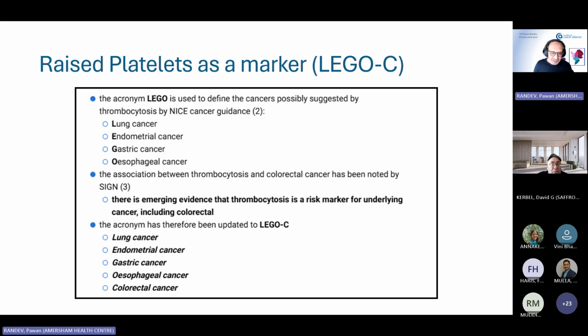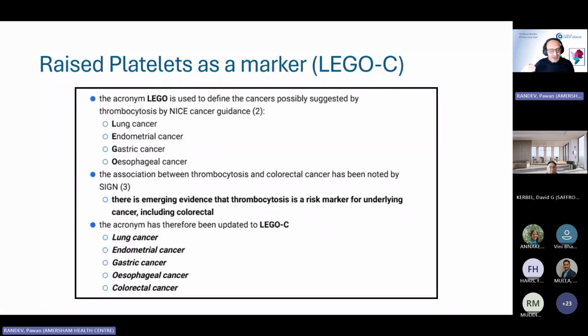Now, where can we use this? If we have somebody where perhaps we think they may have a lung cancer, or they've had a persistent cough, or they're over 40 and they present with that range of symptoms, and we are wondering, then if we did a full blood count and it came back with platelets that are above the normal range, then this is one of the things that should raise suspicion.